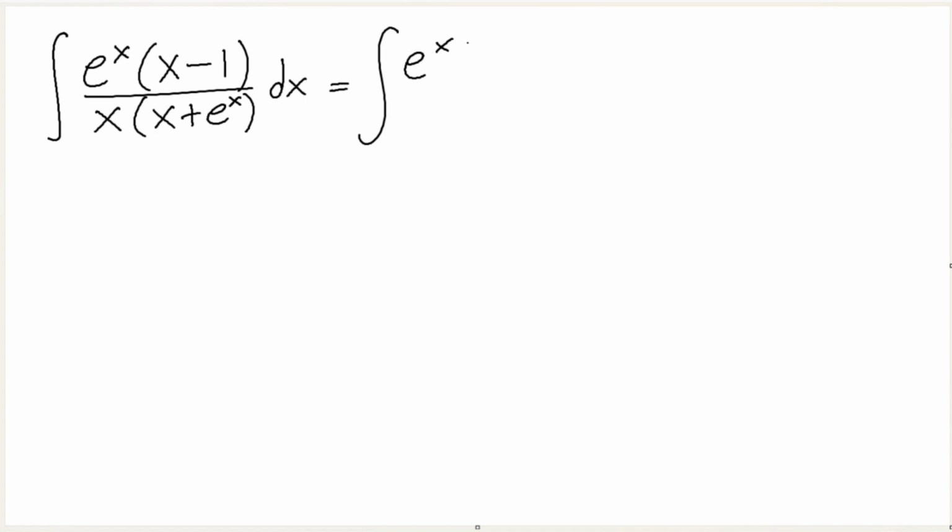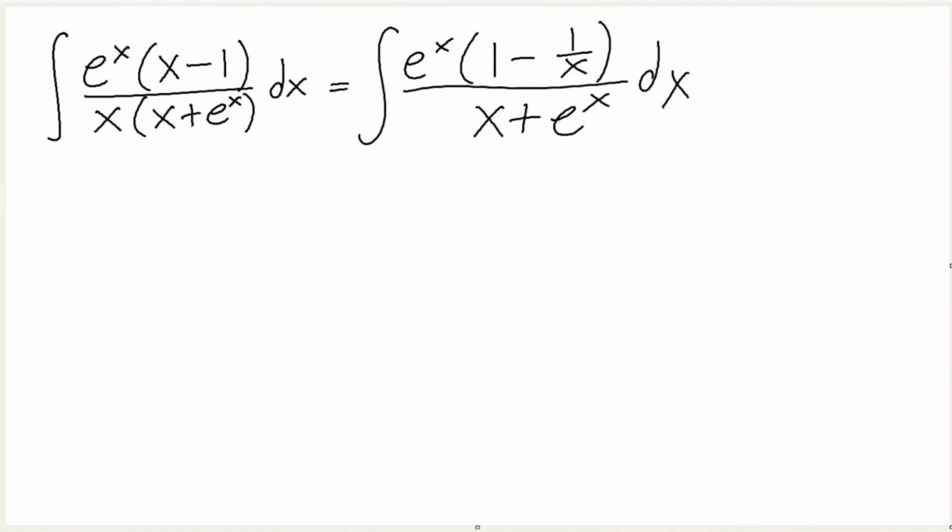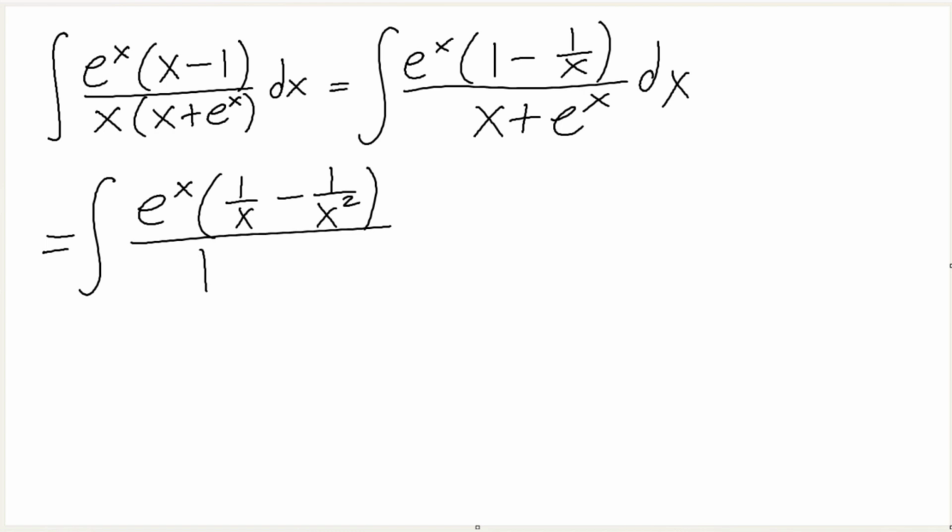e to the x, 1 minus 1 over x. Right. Very suspicious. We might probably want to do the Undertow technique. So, let's go ahead and do that. Undertow x out of this. So dividing by x would be 1 over x minus 1 over x squared, and then 1 plus e to the x over x.